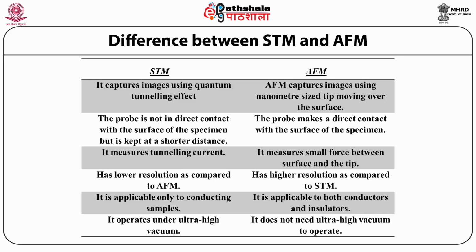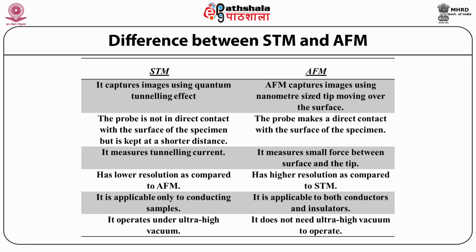STM captures images using the quantum tunneling effect, but AFM captures images using a nanometer-sized tip moving over the surface. On the other hand, in STM, the probe is not in direct contact with the surface of the specimen but is kept at a short distance, and in AFM, the probe makes direct contact with the surface of the specimen.